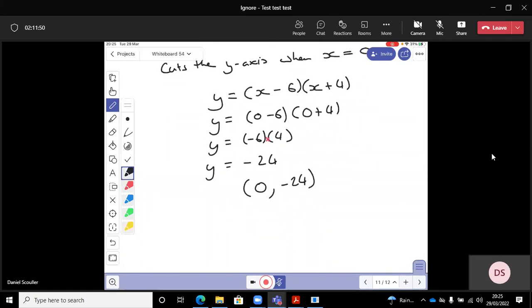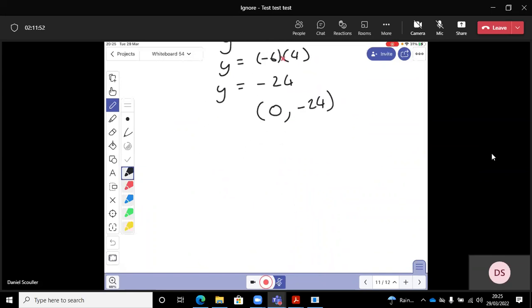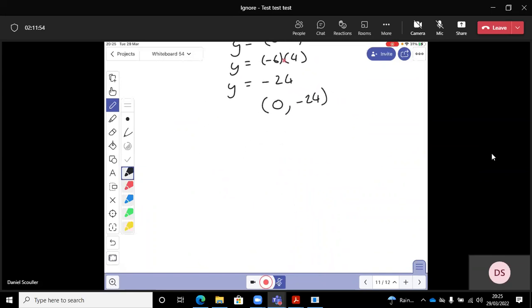The shape is dictated by whether the x squared term is positive, then you've got a smiley face.